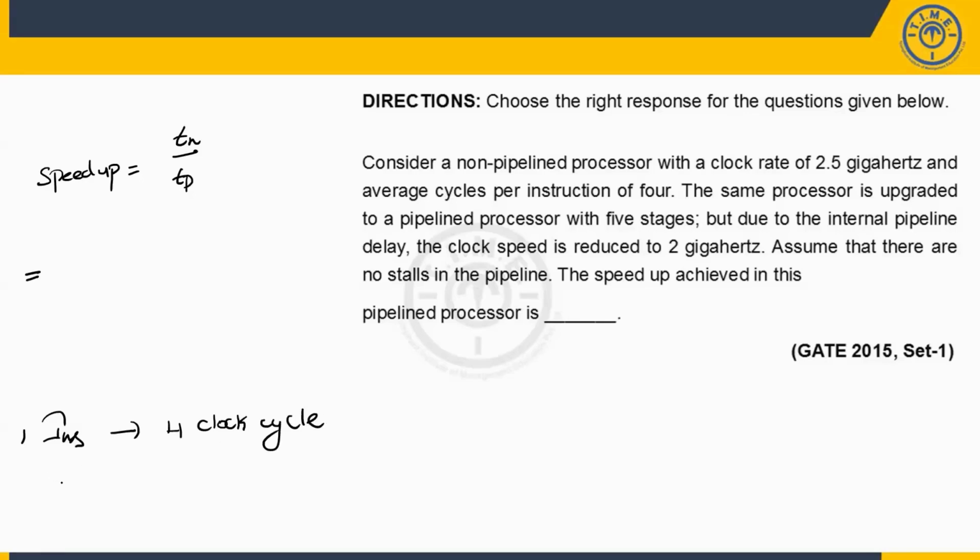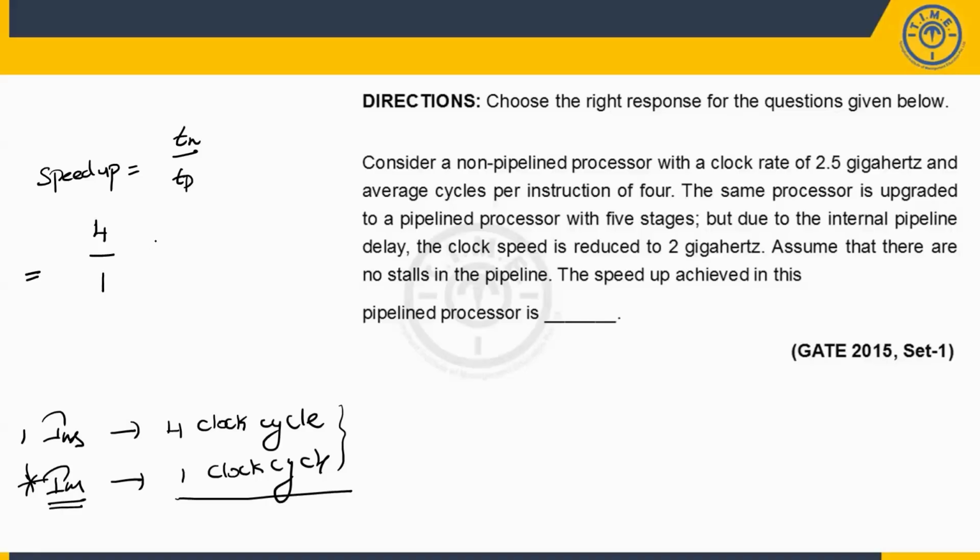Remember, in a pipeline system, one instruction always takes 1 clock cycle. This is a thumb rule. In a pipeline processor, one instruction always takes 1 clock cycle if no additional parameters are given. All the time, one instruction takes 1 clock cycle. So here, speed up is 4 clock cycles divided by 1 clock cycle.